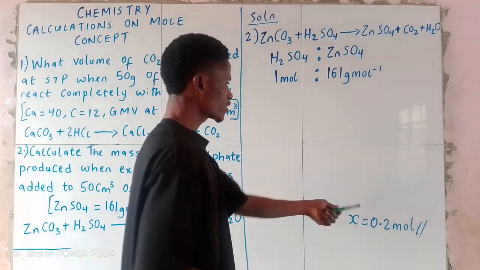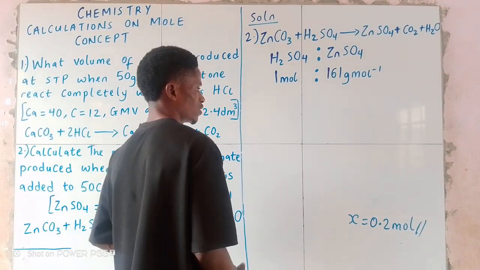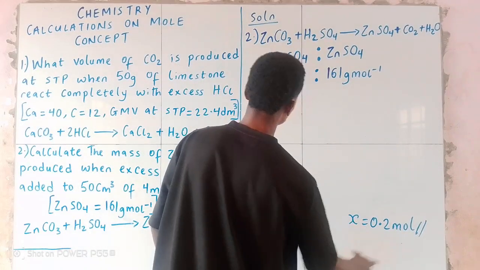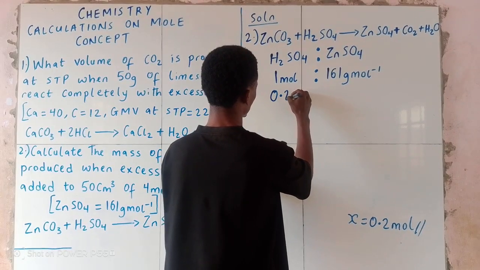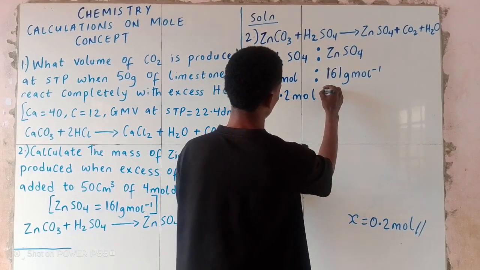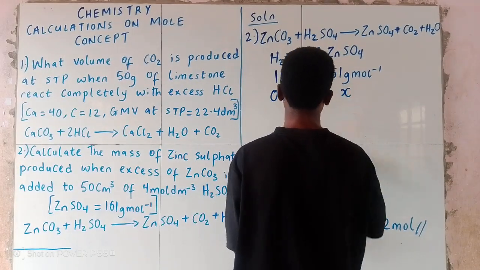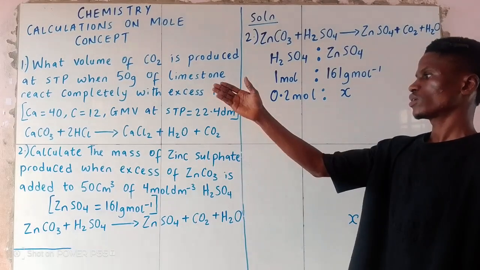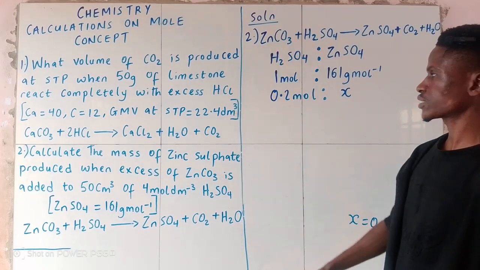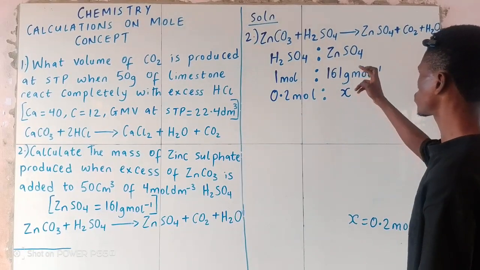So I'm going to bring 0.2 mole here. And I'm going to have x here, because the question says to calculate the mass of zinc sulfate produced.